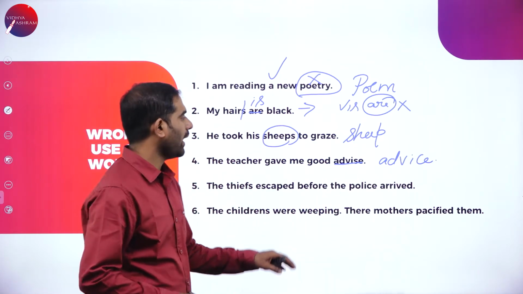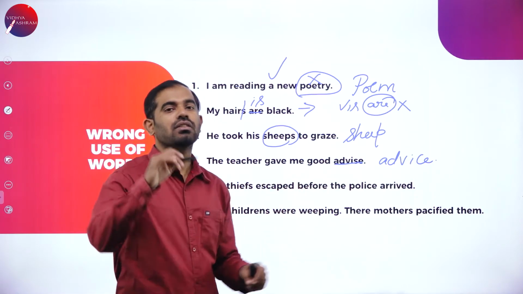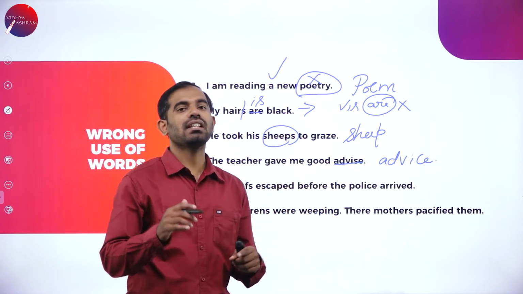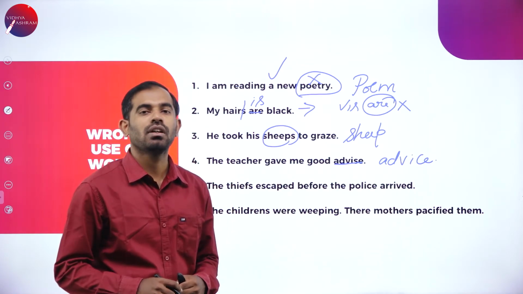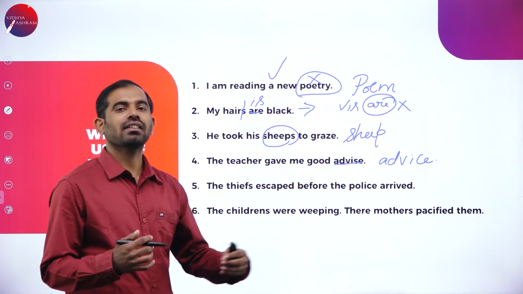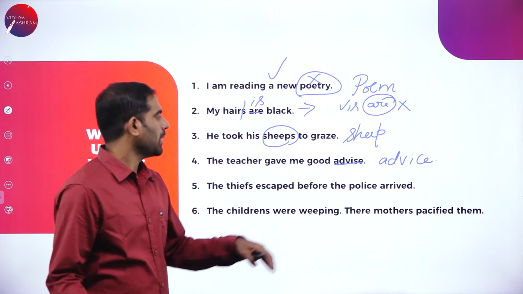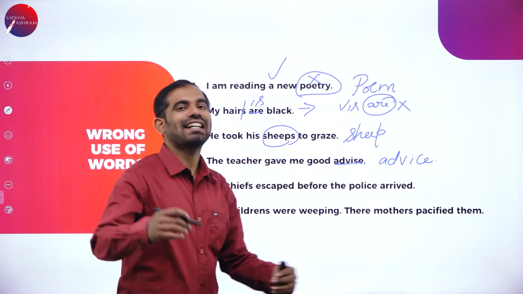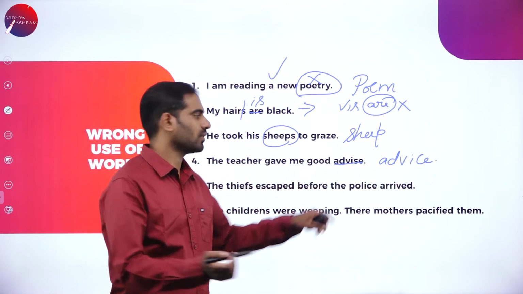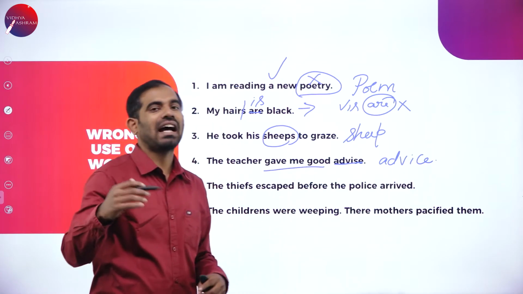Now, what is wrong is that this advice is a verb. ADVISE is a verb. So according to this advice, it is a verb and giving the information. But this advice is recommending something. So what is the teacher doing here? Recommending. It is advice.